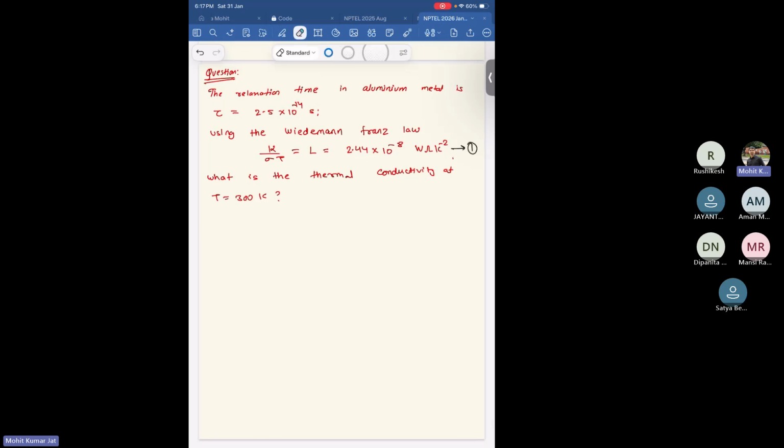So in the solution part, the K we can write as L times sigma T. We are given the quantity L, we are given the quantity T. Now we'll have to estimate the quantity sigma in order to calculate K, the thermal conductivity.